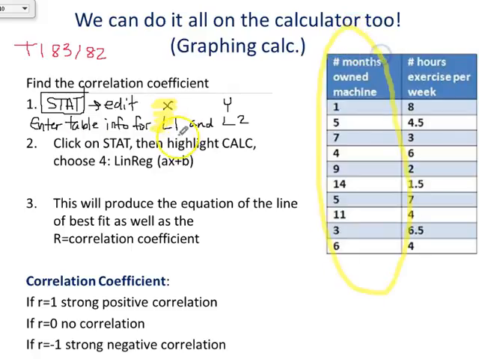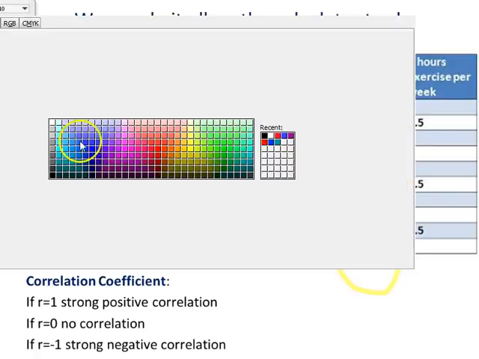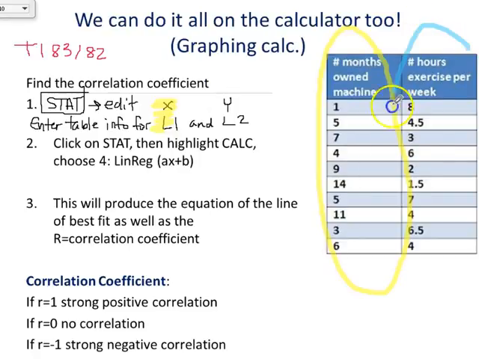Your X values you'll enter in for the list 1, L1, and then your Y values you're going to enter into the list 2. So go ahead, if you've got this type of calculator, enter that information in, all the X values and the Y values into the L1 and the L2. So if you need some time to do this, go ahead and click pause now so that you can get this into your calculator.